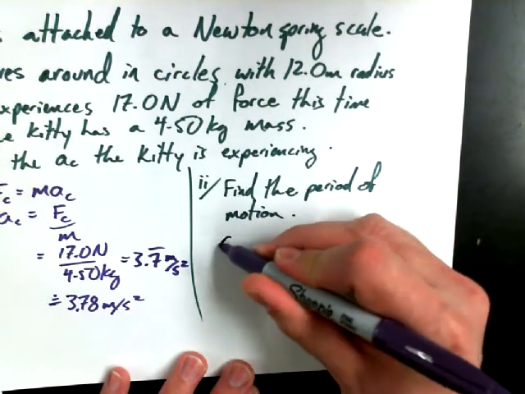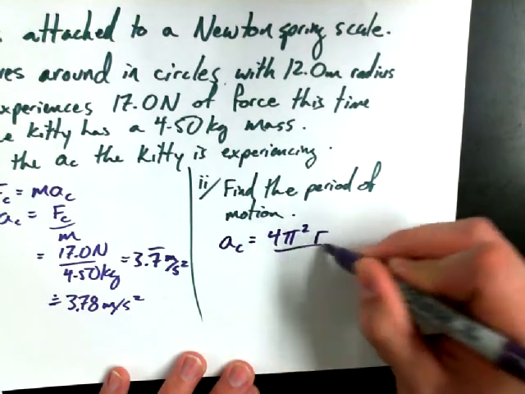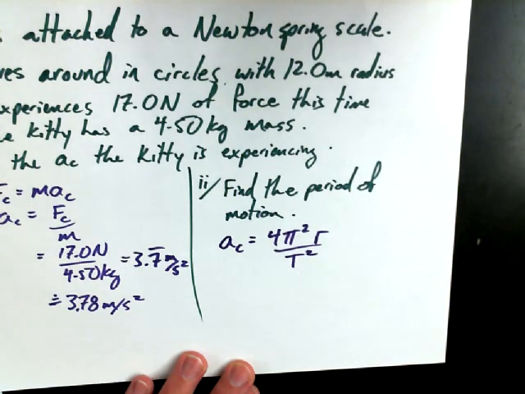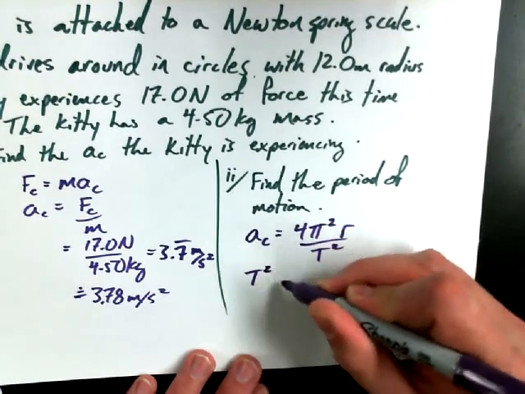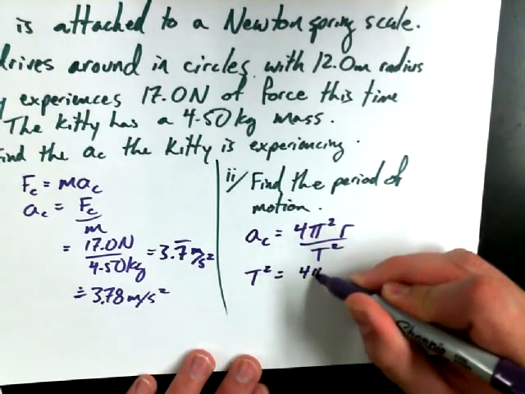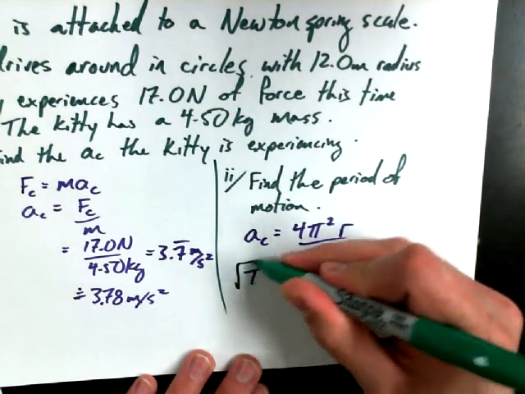AC equals 4 pi squared R over T squared. Like that. Because we've got the R and we've got the AC now. So now we can isolate to get period all by itself. I could say period squared is equal to 4 pi squared R over AC. And then, really, I'm square rooting both sides here.